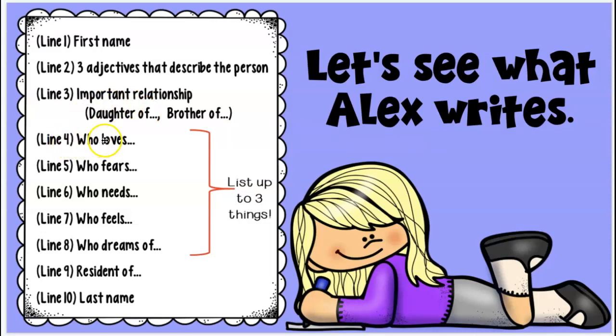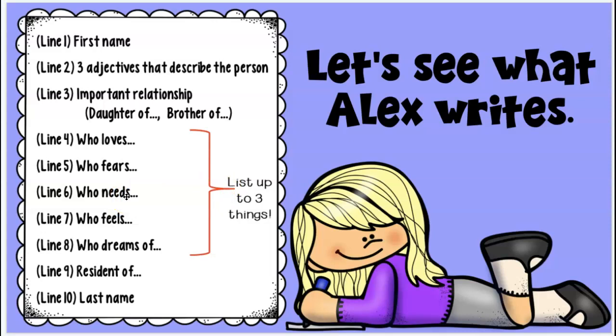Line 4, who loves, and you need to list up to 3 things. I'm going to give you an example in a minute. Line 5, who fears? Like for me, who fears snakes, spiders, and cotton. I know, isn't that weird? Line 6, who needs? Think of 3 things that you need. I need to get back to school. I need more sleep.